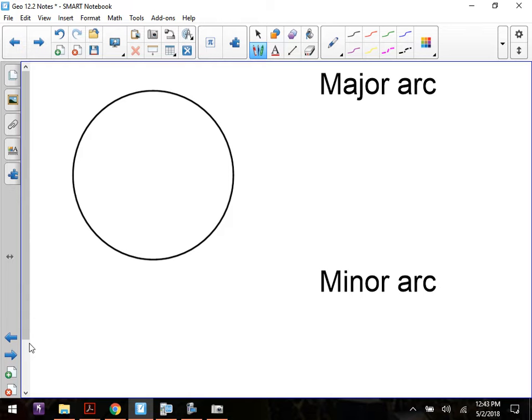Major is the bigger one, but it was defined by measurement. It has to be above 180. It can't go above 360, or you're outside of the circle. The major arc was greater than 180, which means the minor arc was less than 180.